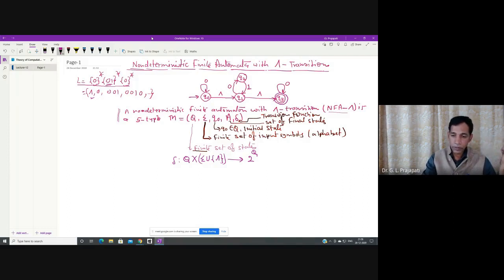So 2 raised to the power Q is the set of subsets of Q. This is the same, only the difference is that from any state your machine can have a null transition also. This you need to ensure. That's why this is the NFA with null transitions.